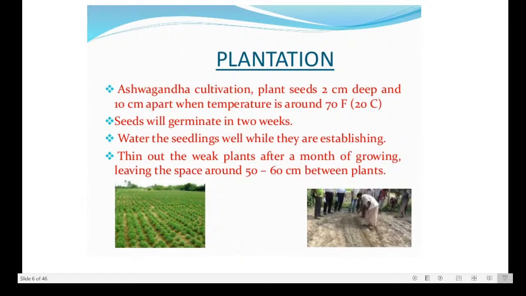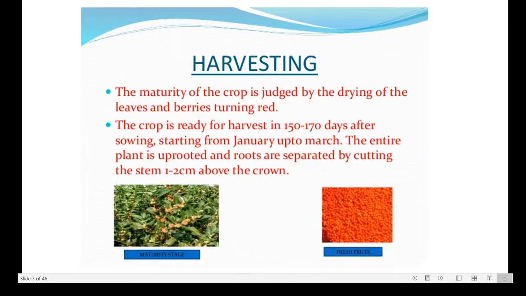Some plants identify the maturity of the root by the change in leaf color and the presence of fruit on the plant.